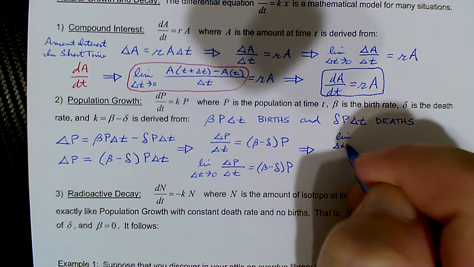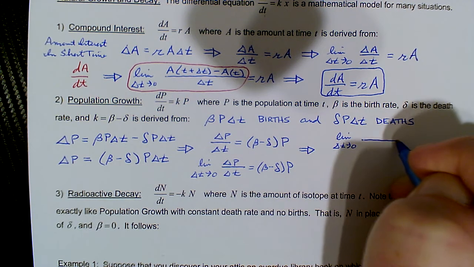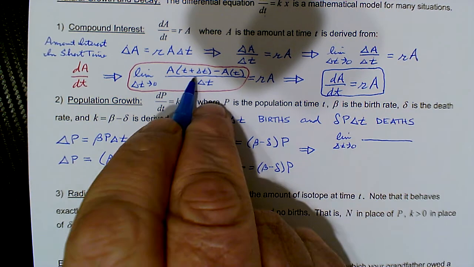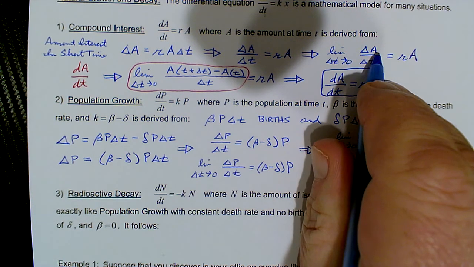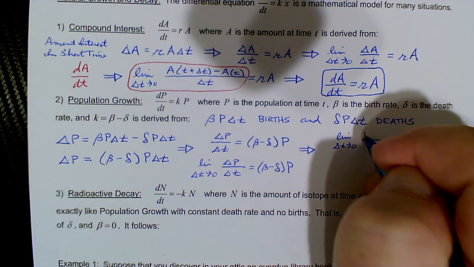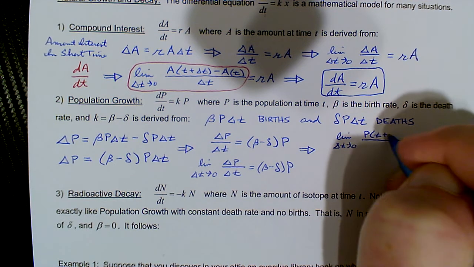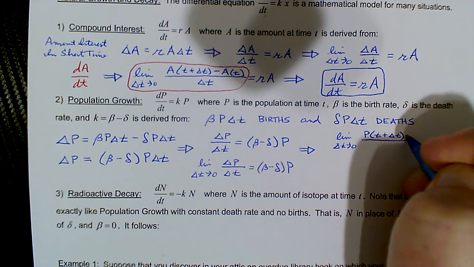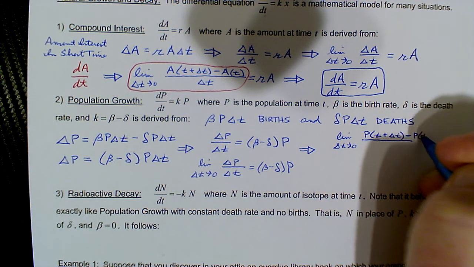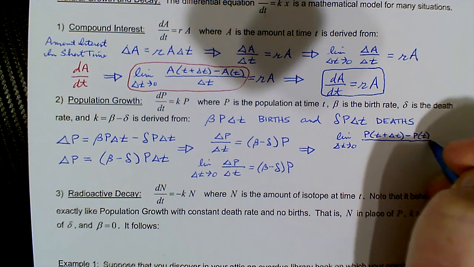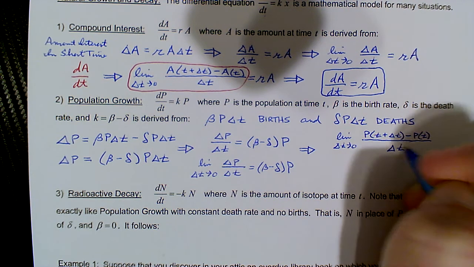The change in population, similar to the change in the amount in the last example, is going to be the population at the new time, t plus delta t, minus the original population, p of t, all over delta t.